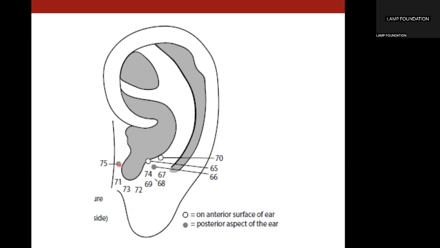This is the third and final point, not on the anterior surface of the ear. So first we have the sympathetic, next we have the brain or subcortex point, and the third and final point, which is not on the front surface of the ear, would be the endocrine point.